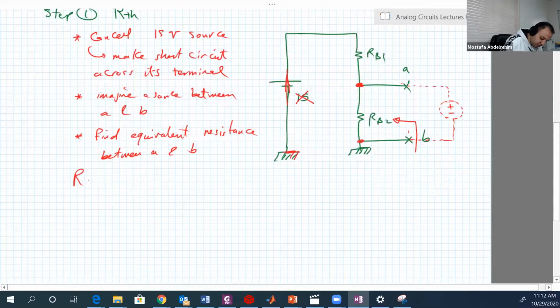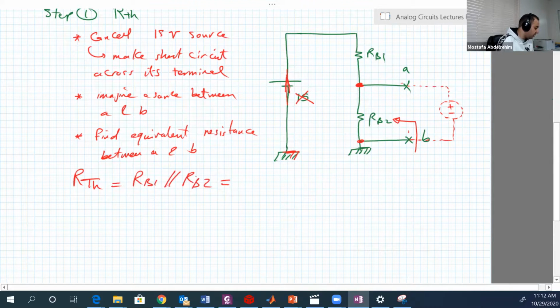So R Thevenin equals RB1 parallel to RB2, and this is actually equal to 100/3 kilo ohms.